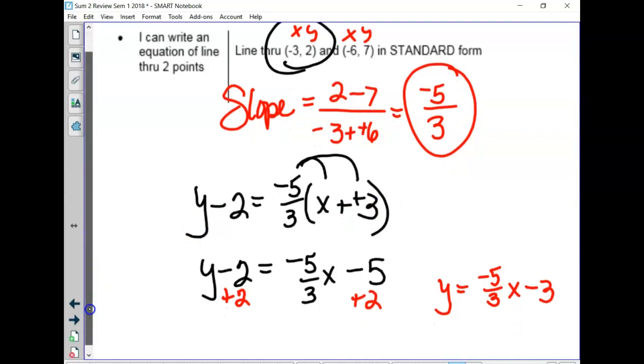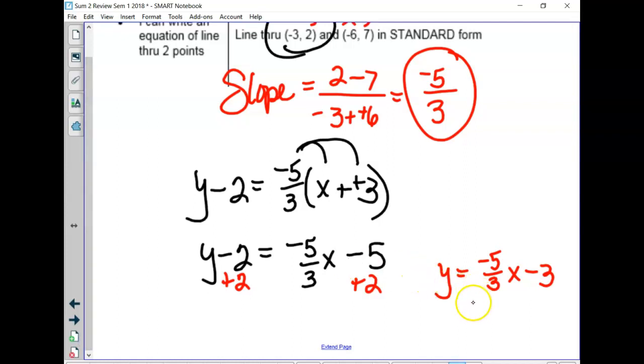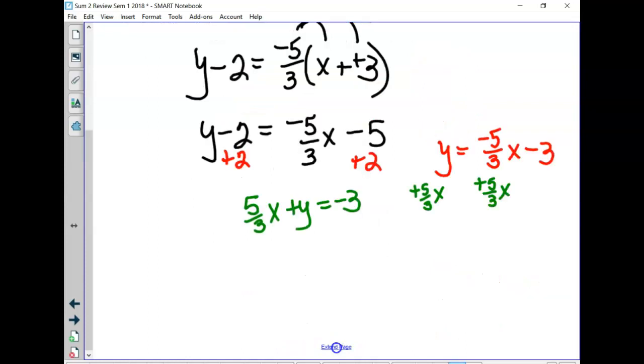I don't care. Yes? Which one? Add it. So I'm at 5/3 x plus a y equals a negative 3. Now I got to multiply everything by 3. And when I say everything, I do mean everything.